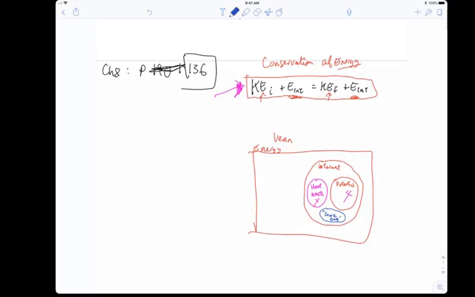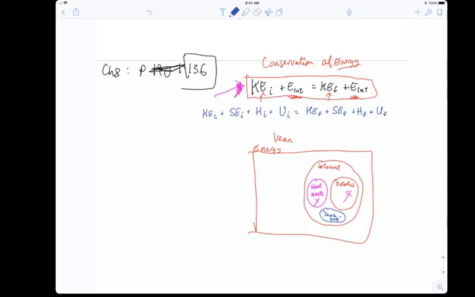So in this case, you would rewrite this as kinetic energy initial plus source energy initial plus heat initial plus potential energy initial is equal to KE final plus source energy final plus heat final plus U final.